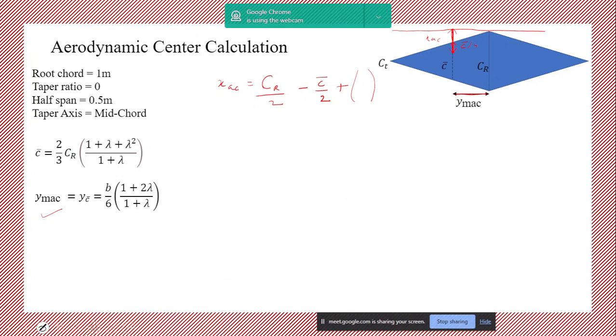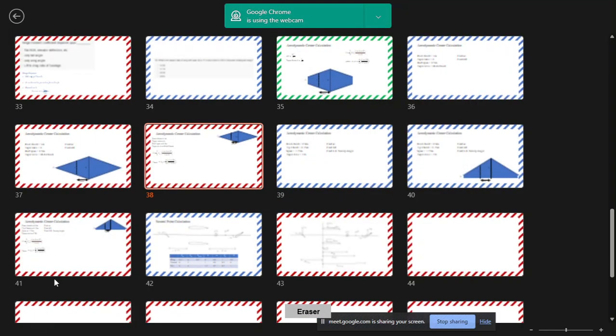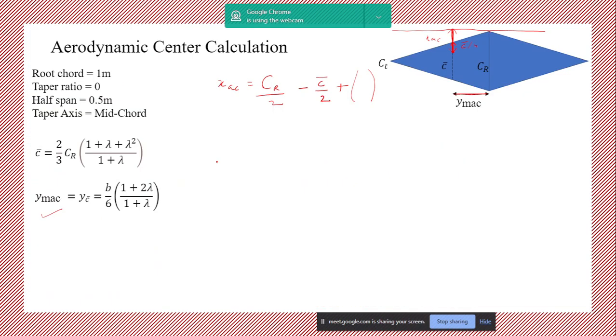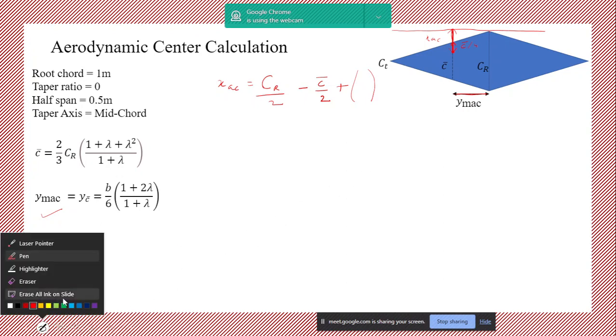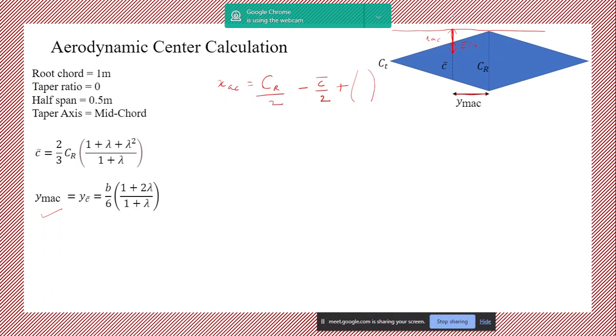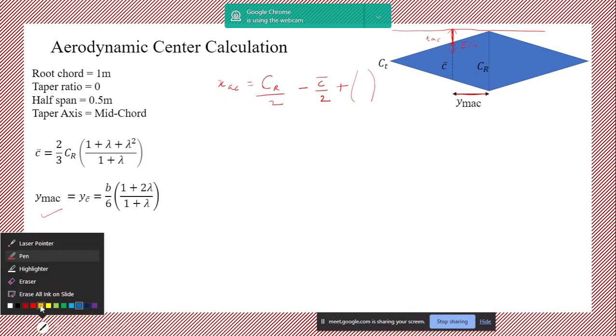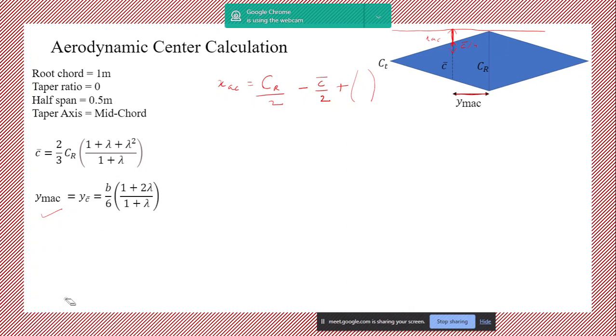Let me take another color. So this value is C bar by 4.